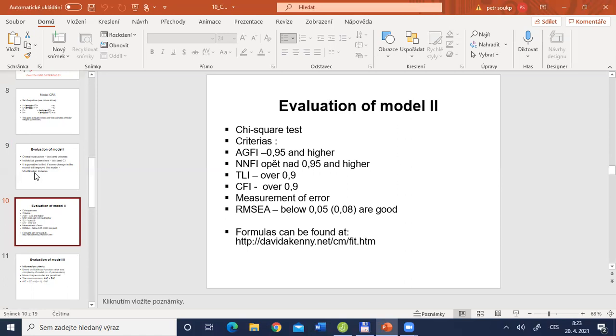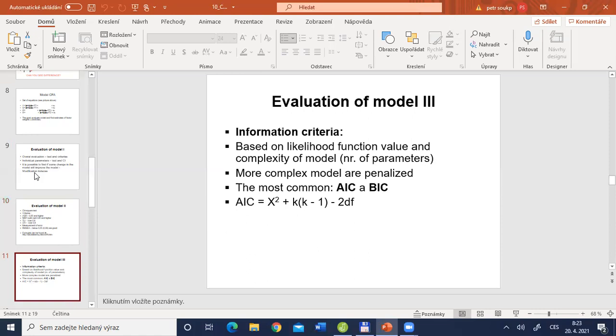For the measurement of error, we are mostly using RMSEA, with values below 0.05, or maybe slightly more liberal recommendations, where 0.08 or below is quite good. So this is the evaluation of the model, and we can also compare models by so-called information criteria.